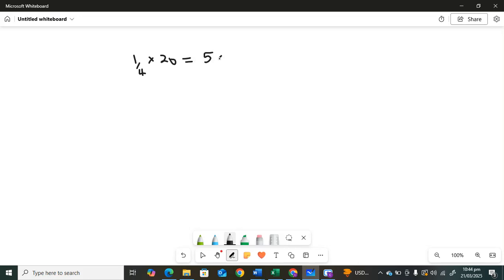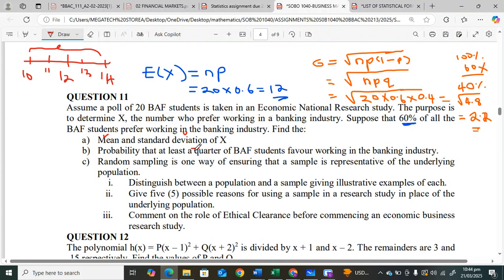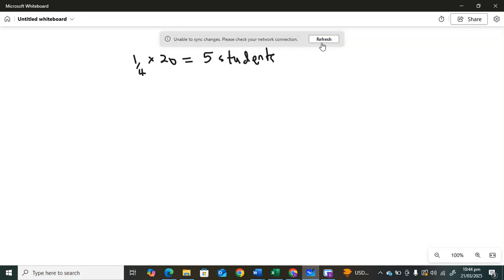Five, right? So we have to find the probability that at least a quarter, meaning at least five students, prefer working in the banking industry.